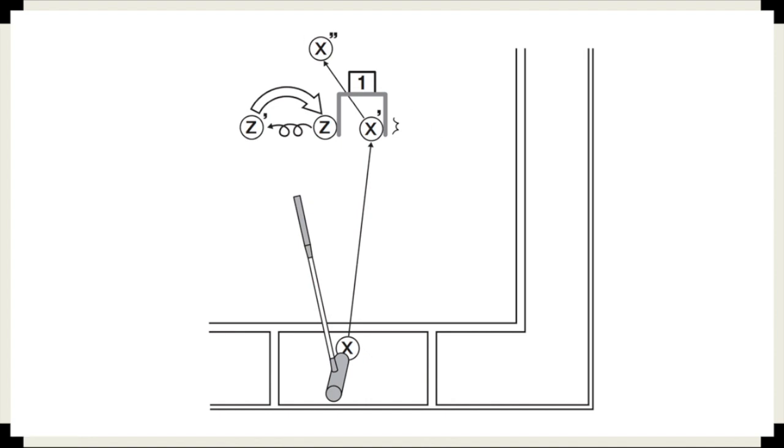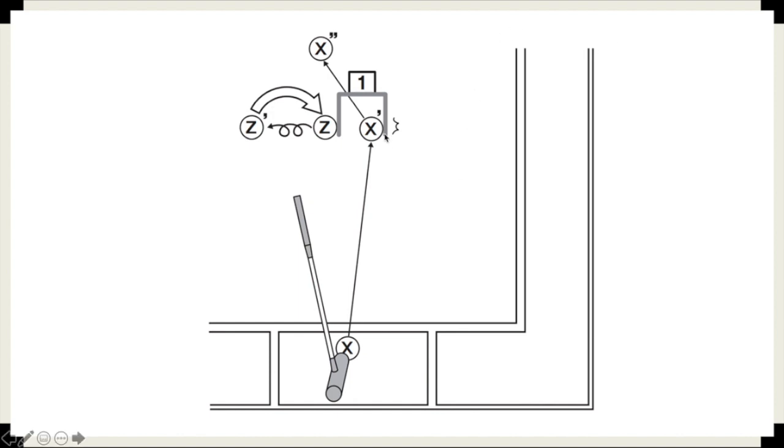If a ball making an invalid move touches a ball making a valid move, then the ball making the valid move shall remain in its position at which it stopped following that move. And what does that mean? Well, we'll break it down. A ball making an invalid move, so ball Z in this instance, touches a ball making a valid move.